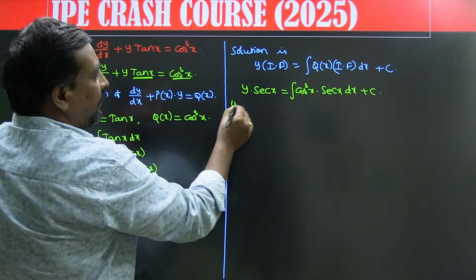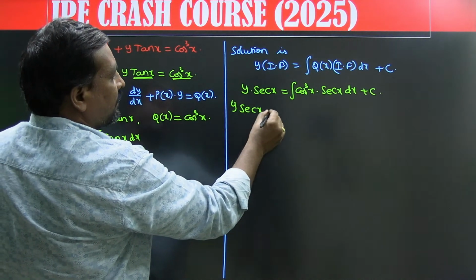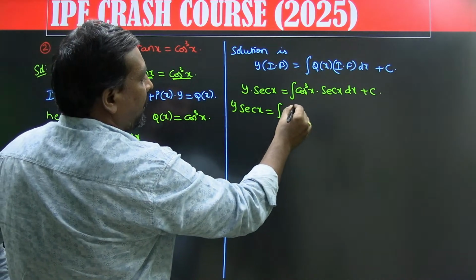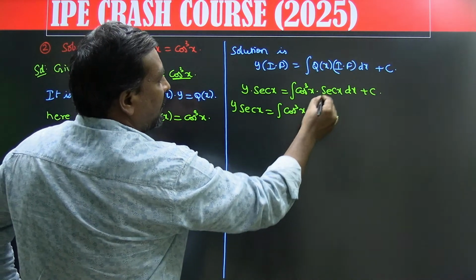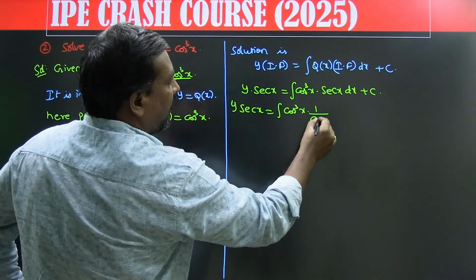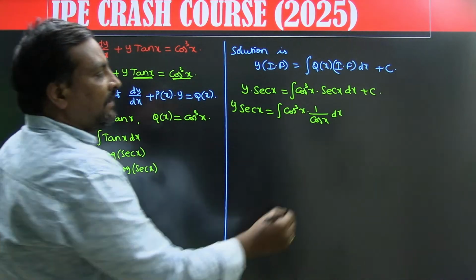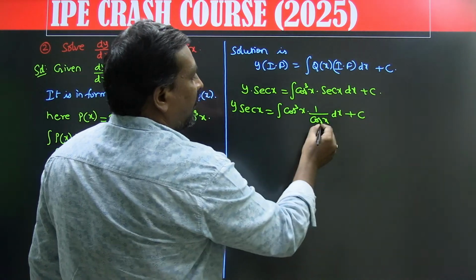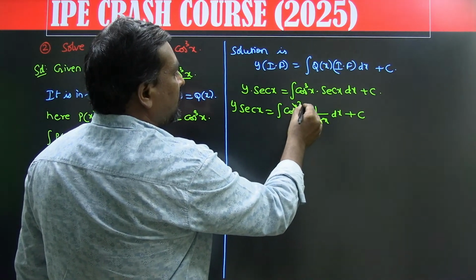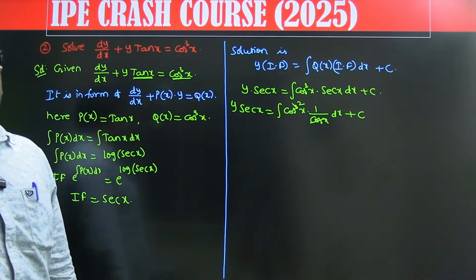Secant x can be written as 1 by cos x dx, plus constant c. This one power is cancelled, and we get cos square x here.